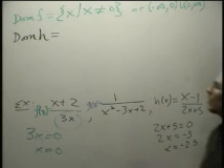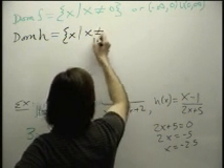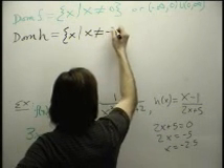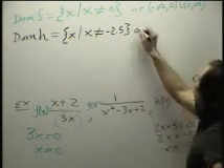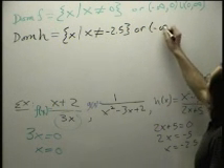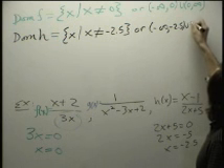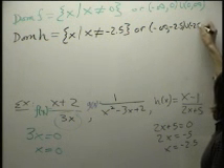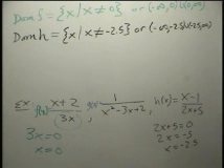This value will be left out, so the domain is the set of all x values such that x is not equal to negative 2.5. Again, we can write that in interval notation as the interval from negative infinity to negative 2.5 union negative 2.5 to infinity. Negative 2.5 is left out. Okay, so far so good.